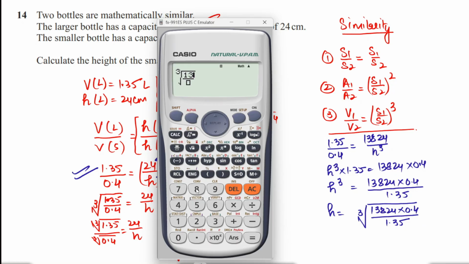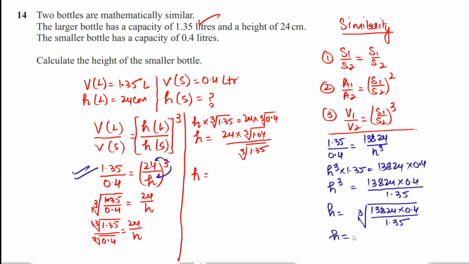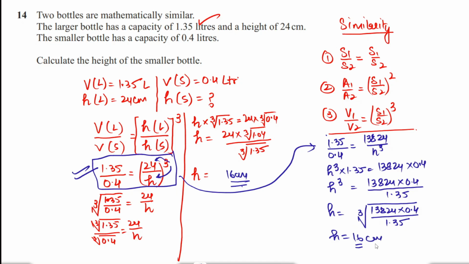So the fraction says 13824 multiplied by 0.4 in the numerator, and then put the down button, 1.35, and just get your answer here. So h comes out to be 16. And if you calculate the other way, you will again get h equal to 16. Whatever the method you feel easy, that is gonna work here. So this is the answer, 16 centimeter.